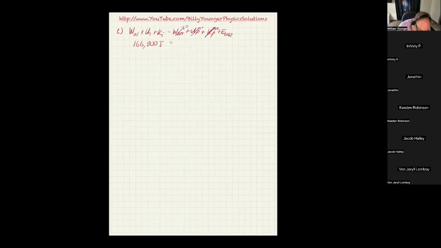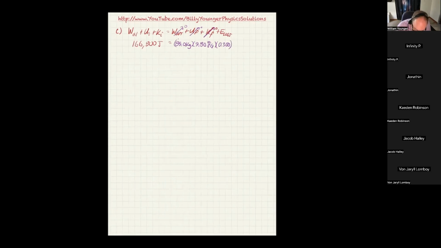And all I'm going to do is say the E loss is going to be the person's weight, which is 85.0 kilograms is their mass, 9.80 meters per second every second is g. That's the normal force. Now I got to multiply that by 0.300, which is the kinetic coefficient of friction. And all that's going to be work contributing to the work done, which I'm going to say is some number of meters x.